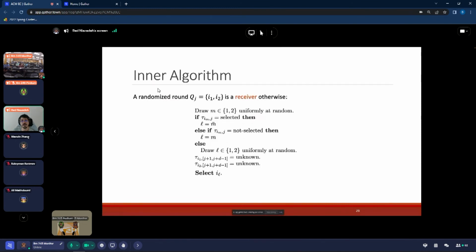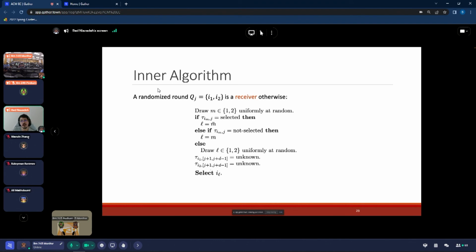And our algorithm is a receiver run with also probability of half. In other words, a run is a sender with probability of half, and otherwise is a receiver. In a receiver run, we draw a random number m from 1 and 2 uniformly at random, and I_m is the vertex that we want to receive the message.